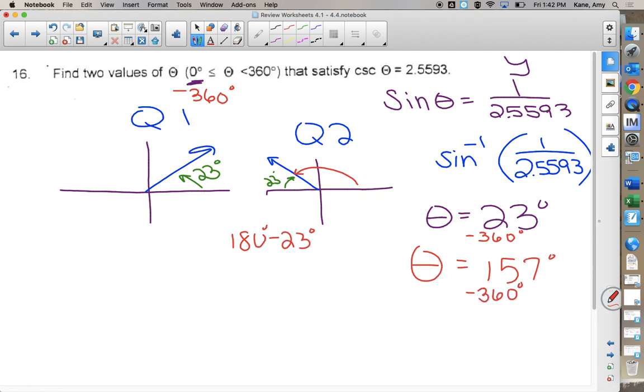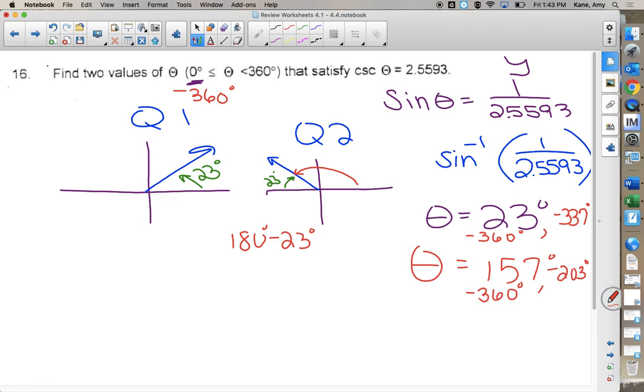Does anybody know what 23 minus 360 is? Negative 337. And then 157 minus 360 is negative 203.